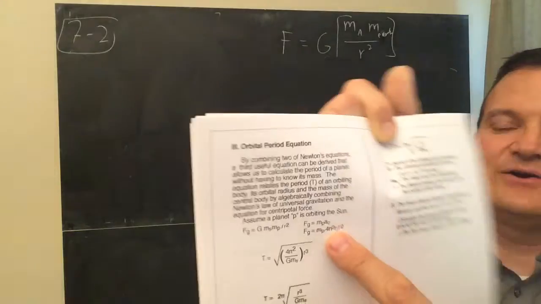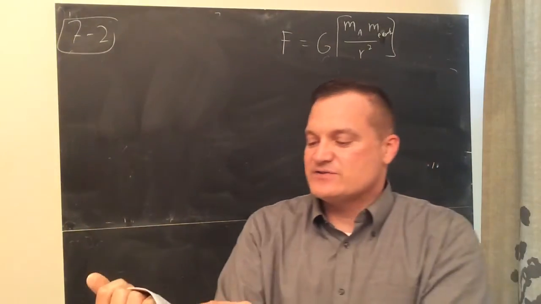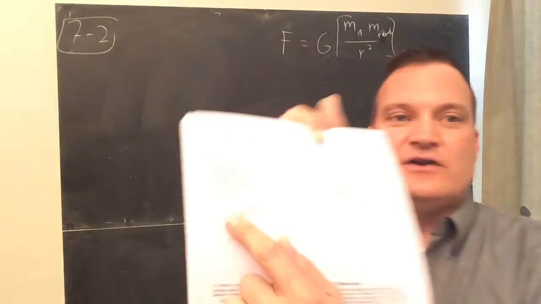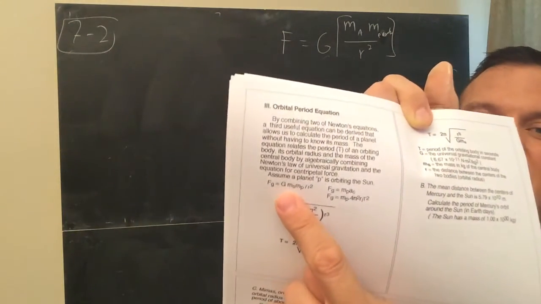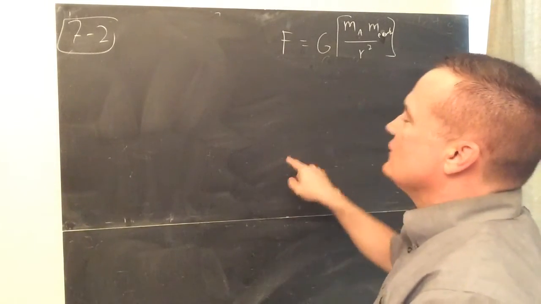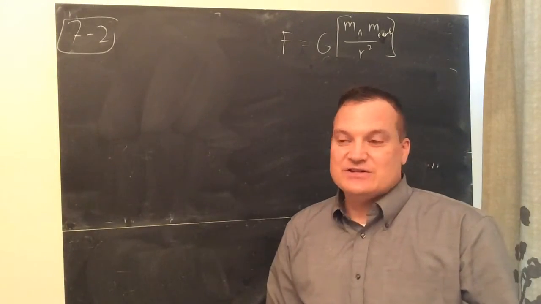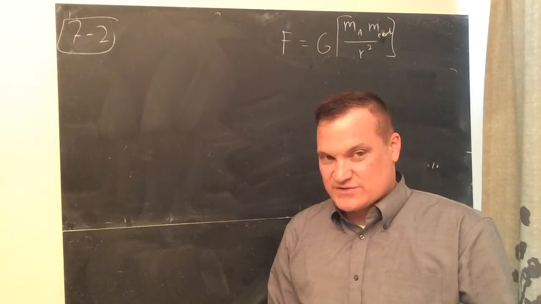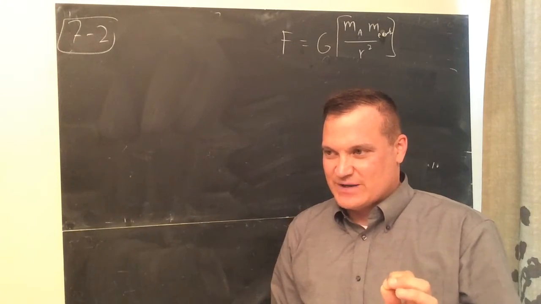Remember that one? We did it earlier in this chapter. And then they also take force as mg, weight, and they take Newton's equation that I just showed you on the board. So this one, along with F equals mg, along with the acceleration, is equal to 4 pi squared r over T squared. Centripetal acceleration.